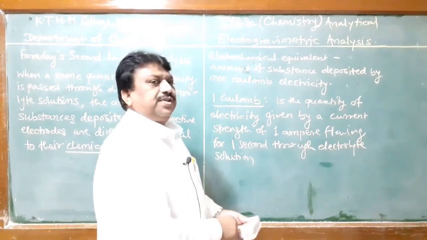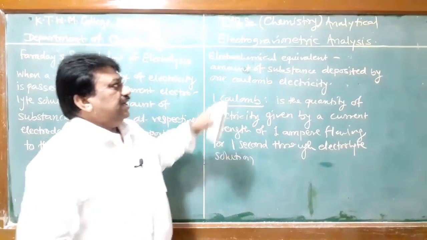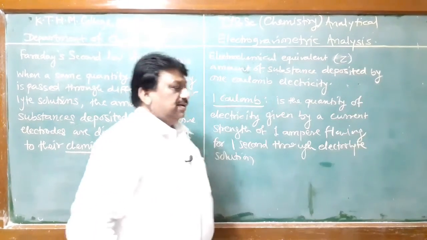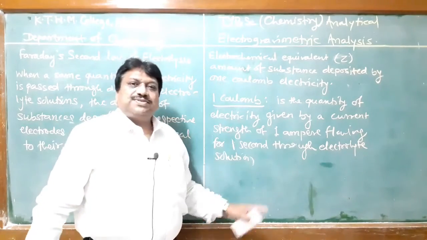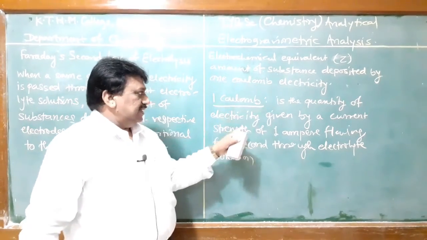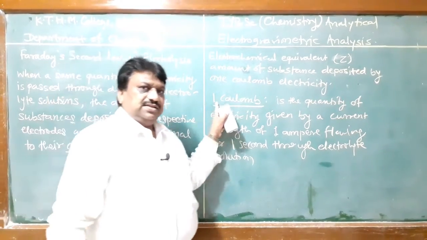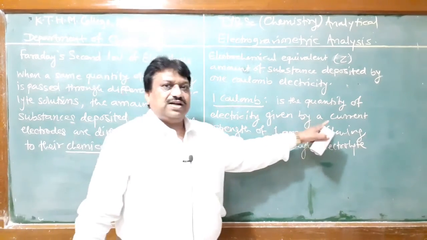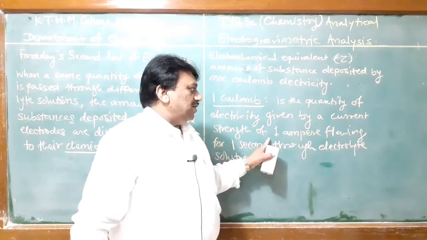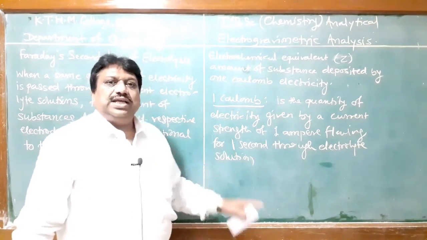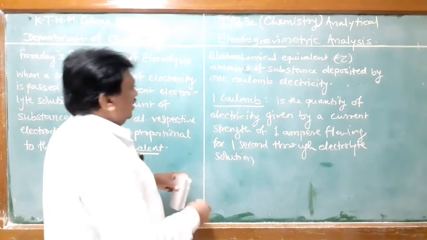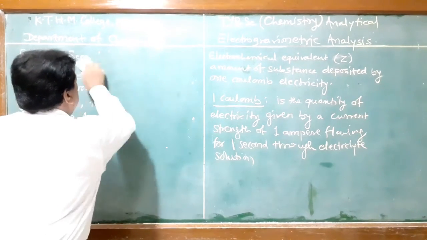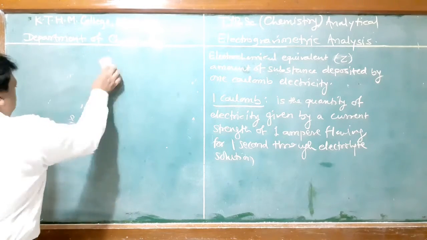Therefore, electrochemical equivalent is represented by the letter Z, which is equal to the amount of substance liberated by 1 coulomb of electricity, and 1 coulomb is the quantity of electricity obtained by a flow of current of 1 ampere for 1 second through the electrolyte solution. Therefore, electrochemical equivalent and chemical equivalent are different terms.